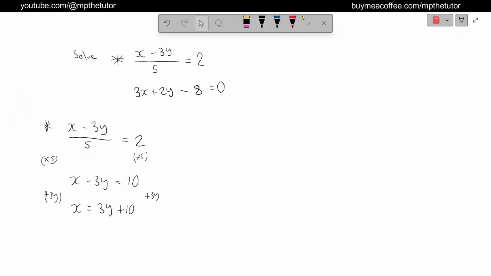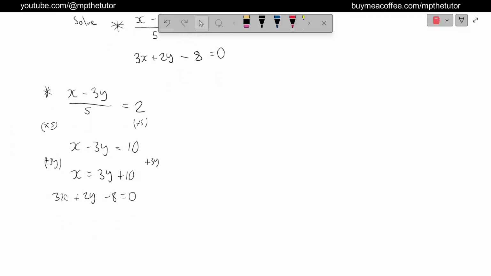What I can then do is substitute that into the second equation. So we have 3x plus 2y minus 8 equals 0. I'm then going to replace the x with our x, as in the 3y plus 10.